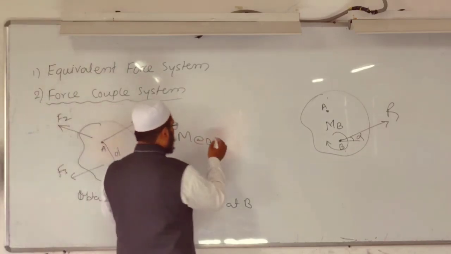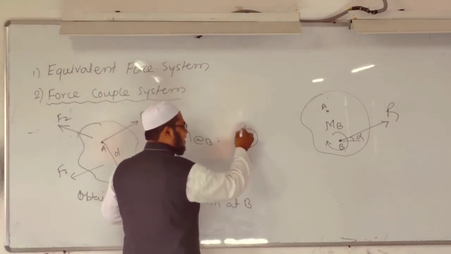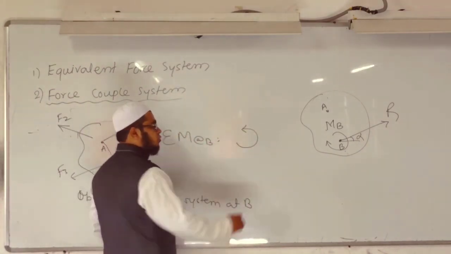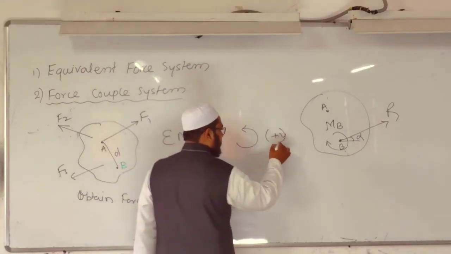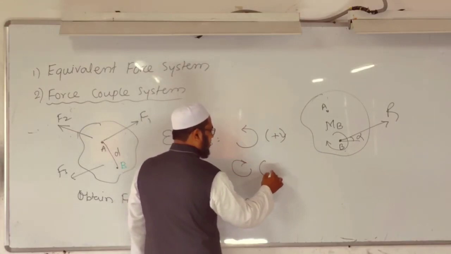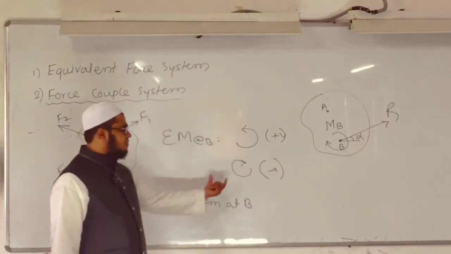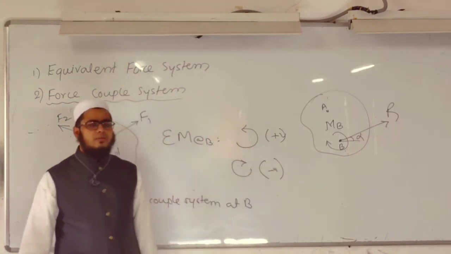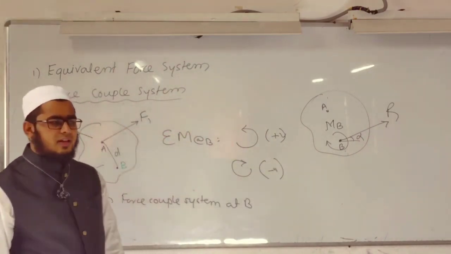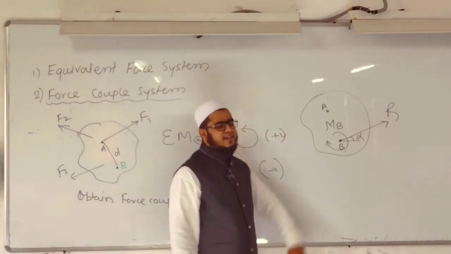Orientation means if the moment comes with a positive sign, it is anticlockwise. And if the magnitude of the moment is negative, then the moment is clockwise. And the same we have to show as a couple at the desired point.